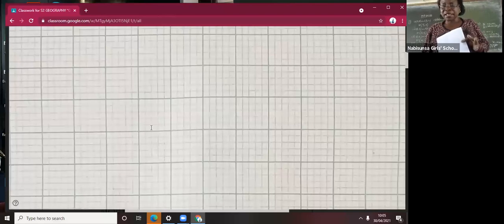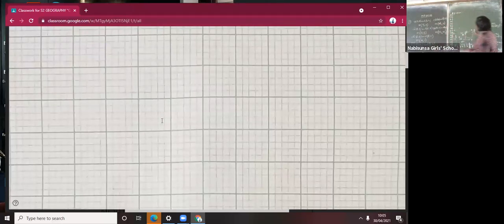Now, when you are dividing your graph paper, can you use steps of 1 centimeter? Although here when I measure it is not 1 centimeter, on your graph paper that box is 1 centimeter. So can you use steps of 1 centimeter?